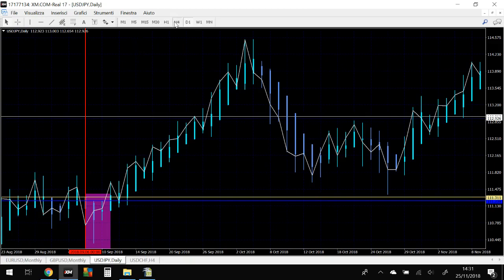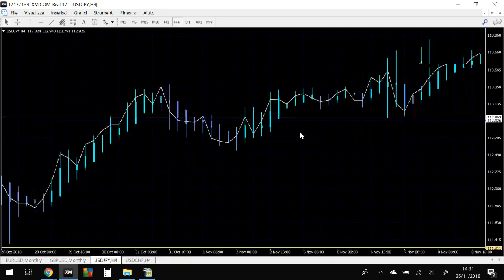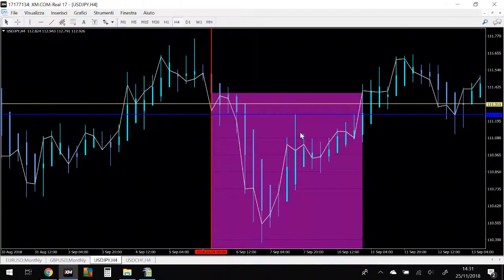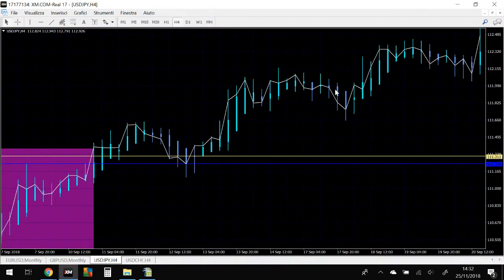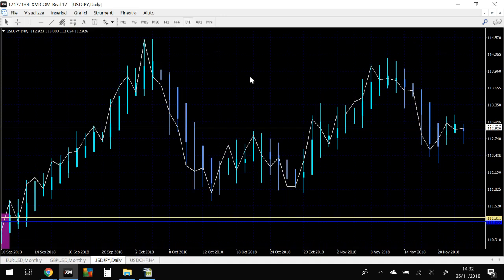If we go to the 4-hour chart, for example, but not only the 4-hour chart, you see all these little retracements, which are very visible also on the Heikin Ashi bar.